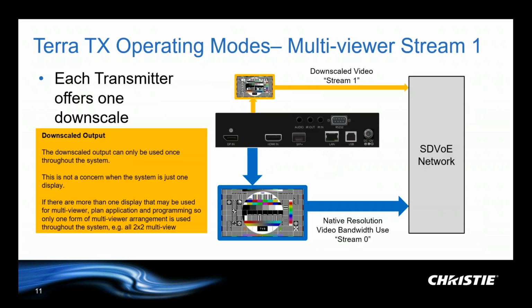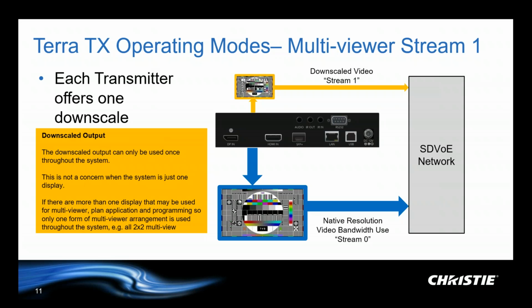So on the transmitter side in multi-view mode, the transmitter will always publish onto the SDVoE network the video inputs in its native resolution. This is the blue part that you're seeing at the bottom.